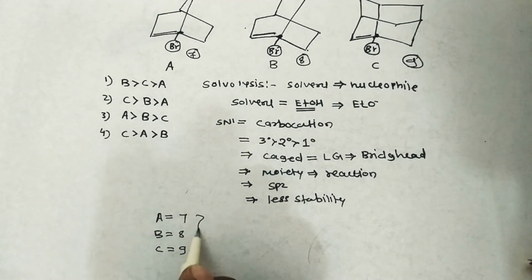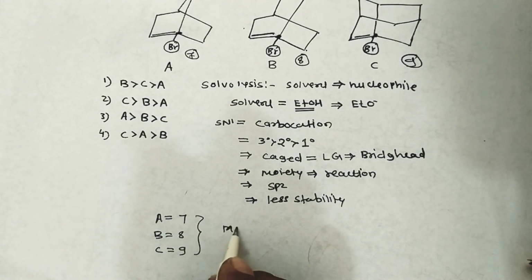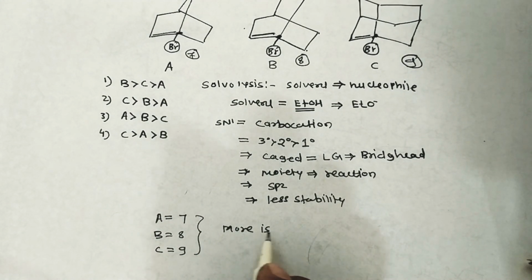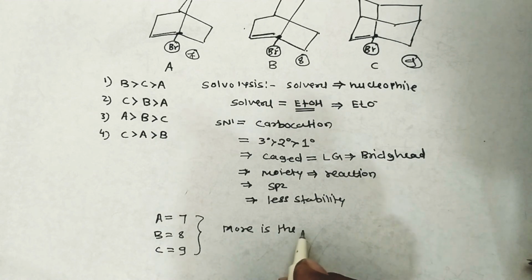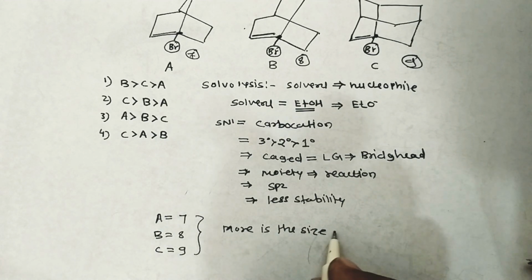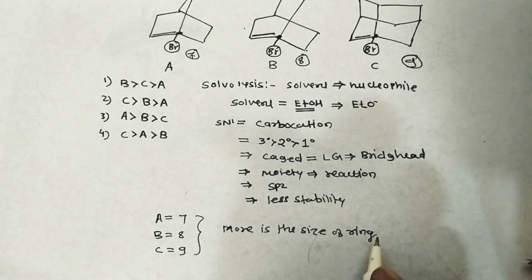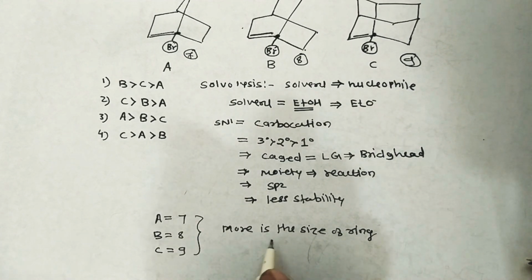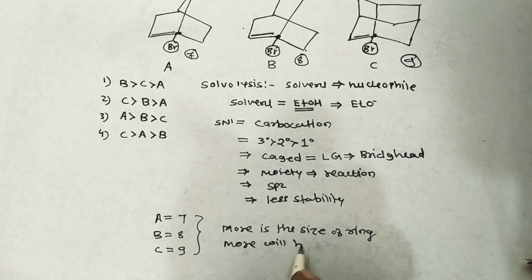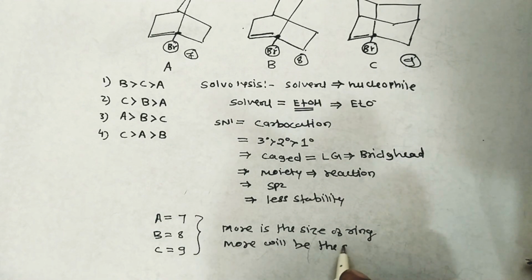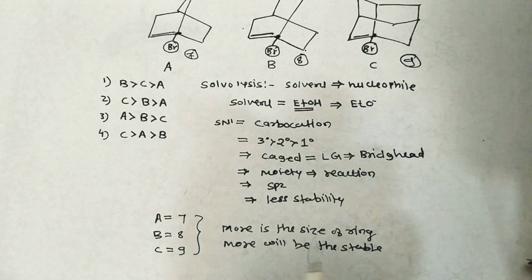So in case of these cage structures, the more the size of the ring, the more stable the carbocation formed.